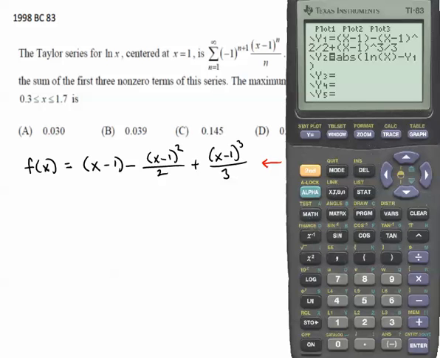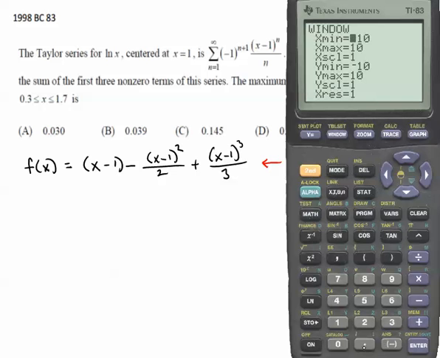And I'm going to set up my window to go from 0.3 to 1.7 by 0.1, and by some experimentation I've found that it's good to use y to be negative 0.2 to positive 0.5 by 0.1s, and we should be able to graph now the difference.